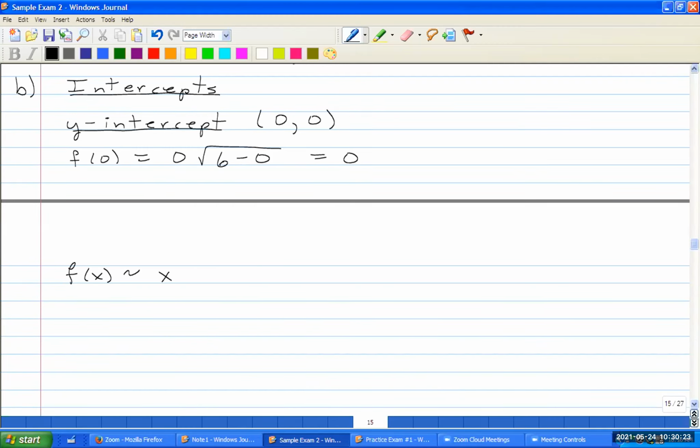So this is very close to radical 6 x as x approaches 0.